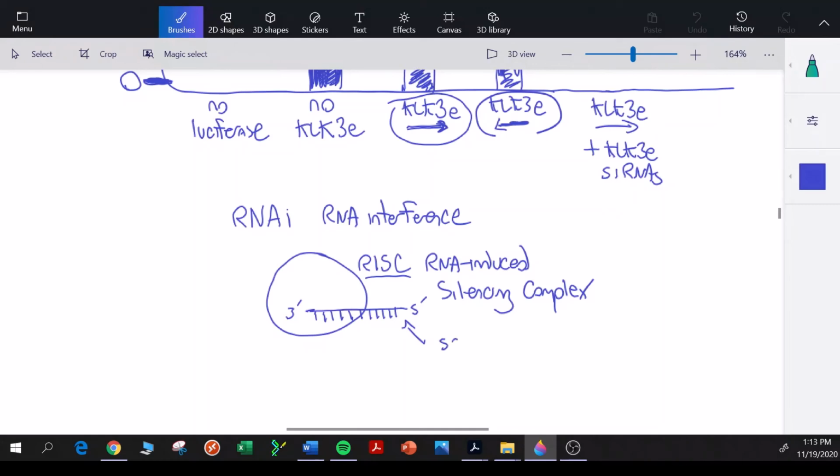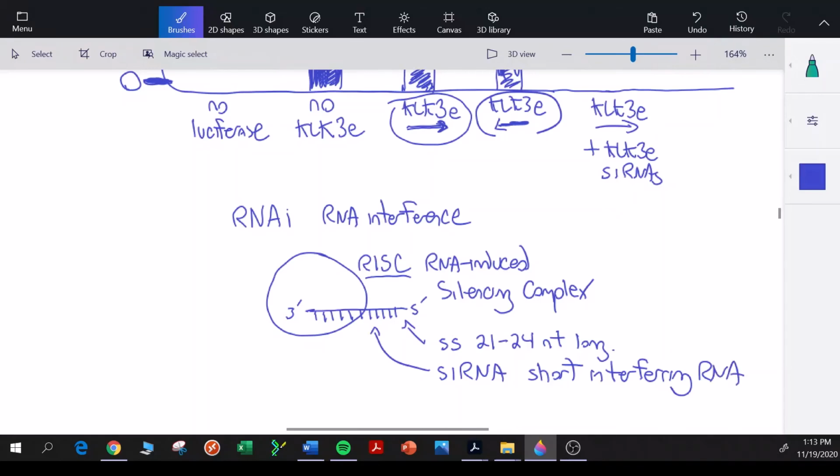So single-stranded, 21 to 24 nucleotides long. And what the RISC complex does is it uses the siRNA, which is for short interfering RNA, to scan RNAs in the cell.